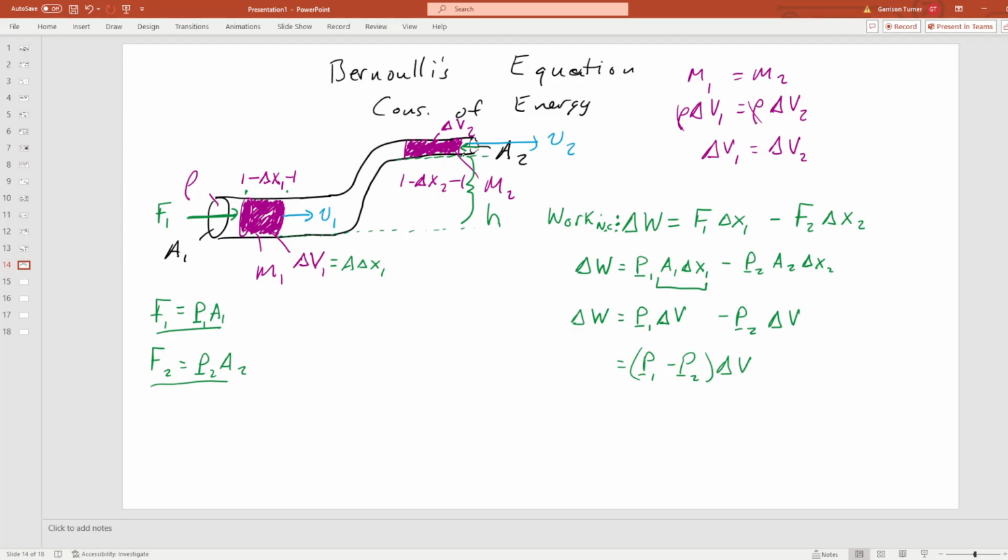It's not going to be a conservative process. Okay, so that's the idea there. But we have three components to our energy. We have work, we have kinetic energy, and we have potential energy. So we've taken care of the work, and now it's time to look at the kinetic energy.